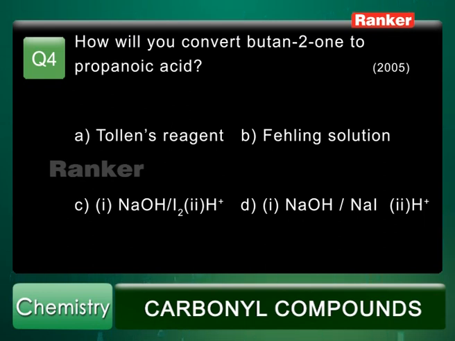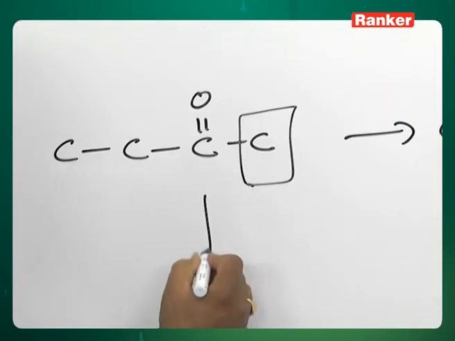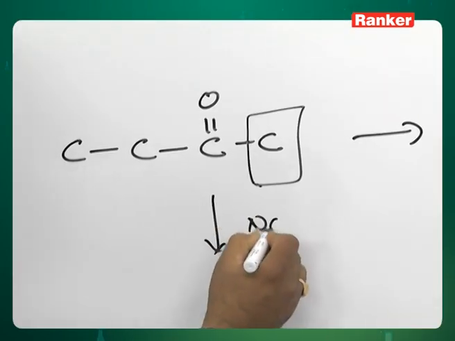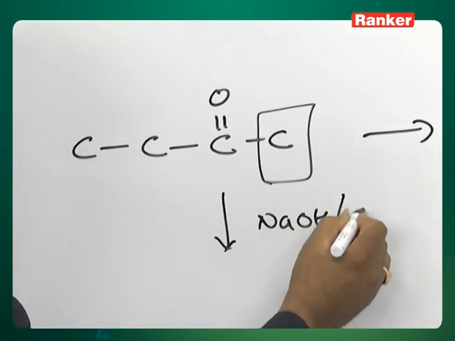Tollens reagent will not affect the ketone, so it's wrong. Fehling's also will not affect the ketone. This is sodium hydroxide and iodine. This is the one reagent which is actually useful. Sodium hydroxide and iodine, if used, what happens? It is in a basic medium, iodine.